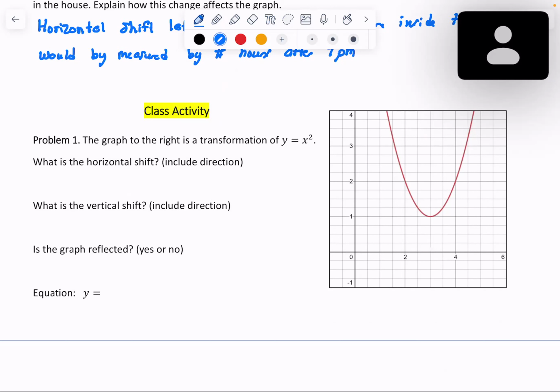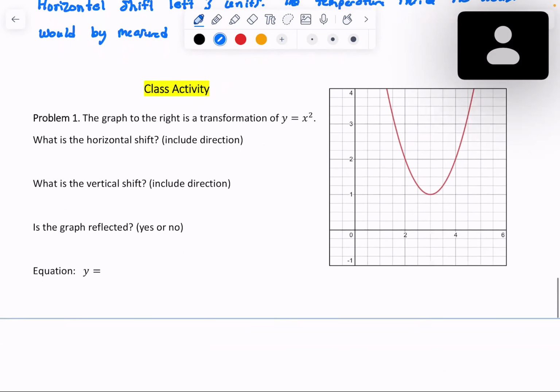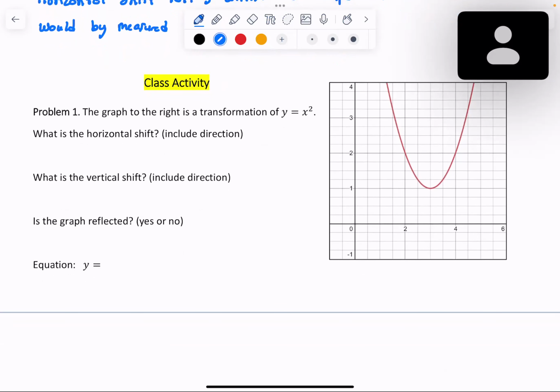Is there a horizontal shift? If there is, indicate the direction. Someone tell me, if there is a horizontal shift, what direction and how many units?